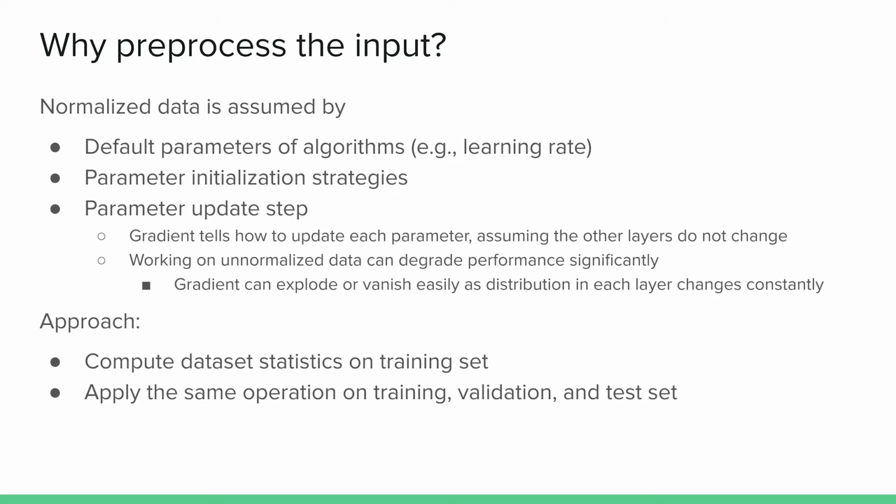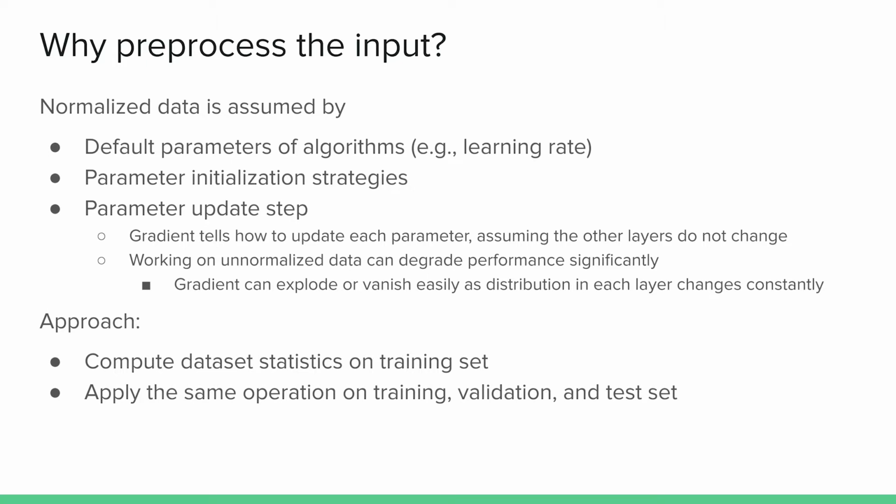For example, some default parameters like the learning rate assume that your data is normalized. Also, the parameter initialization strategies, Xavier initialization or He initialization, also assume that your data is somehow normalized, so it can make sense how to initialize all those weights in your network.